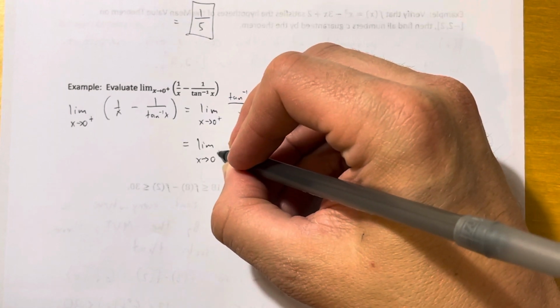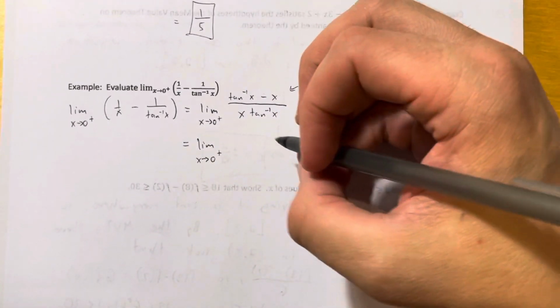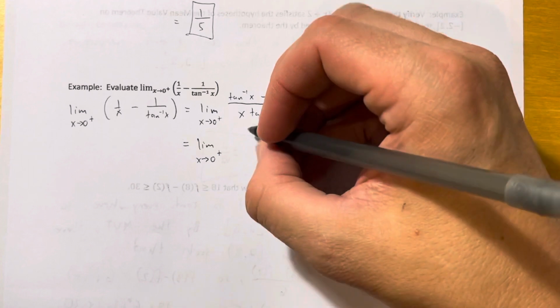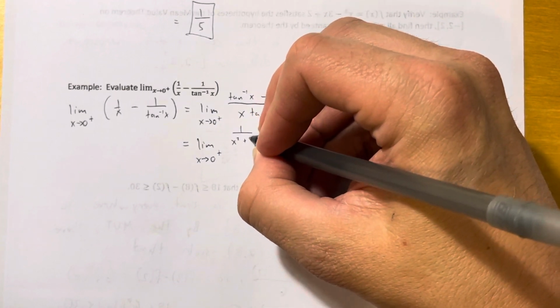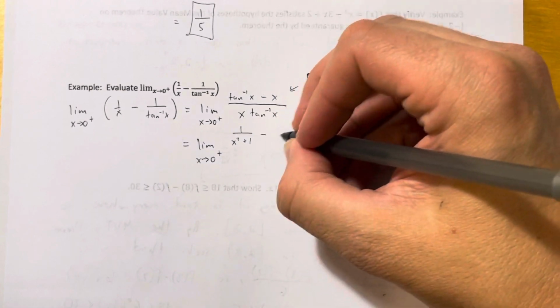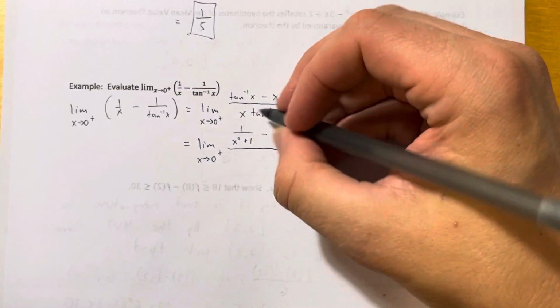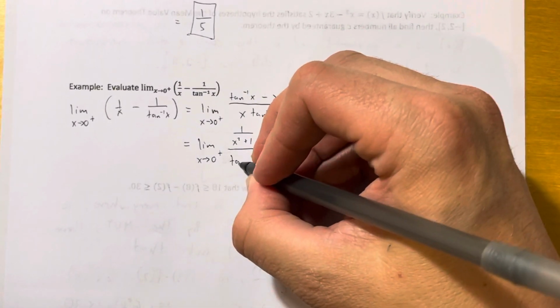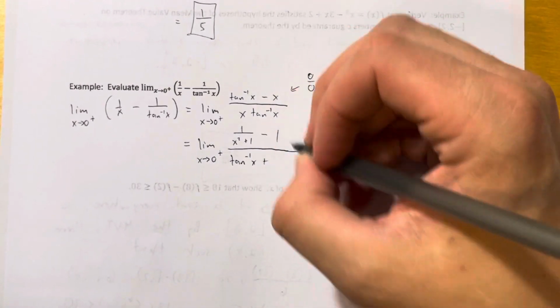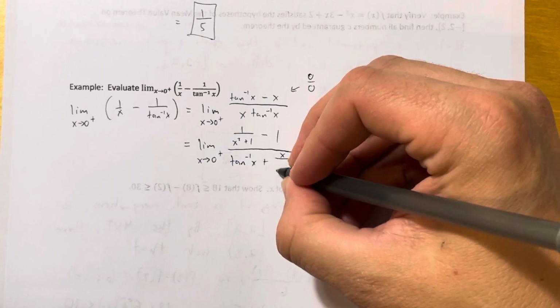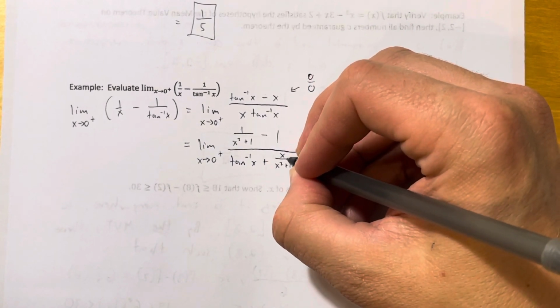So this is the same thing as the limit as x approaches 0 from the right. The derivative of the inverse tangent function is 1 over x squared plus 1. And then minus x becomes minus 1. I need the product rule down here, so this becomes inverse tangent of x plus x times the derivative of the inverse tangent of x, which is x over x squared plus 1.